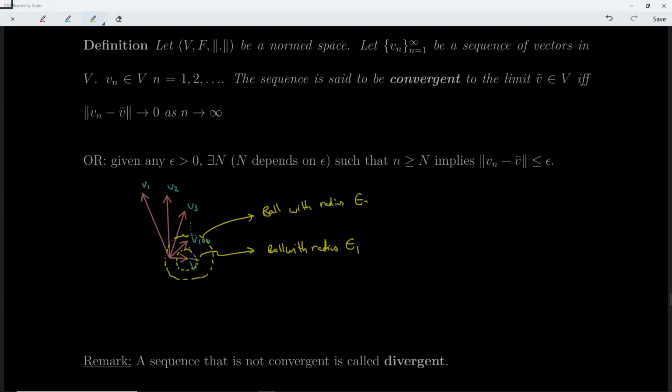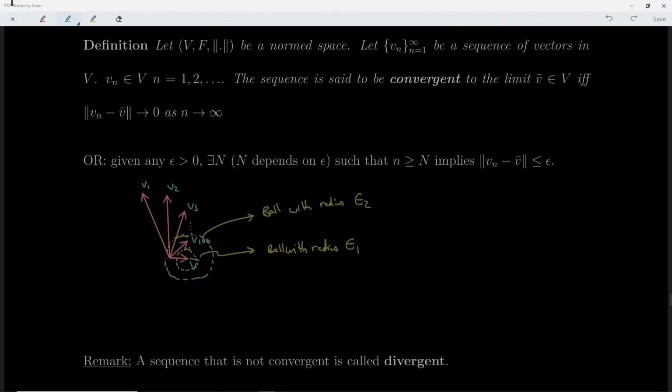What we would like to show is that if you give me an epsilon value, I can give you a number N, so that for all the integers greater than that N value, the distance between the vector in our series and the limiting vector is less than that epsilon value. So that's pretty much the idea. Do you have any questions?